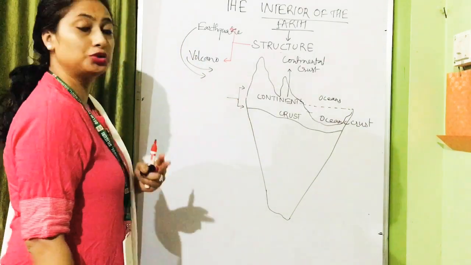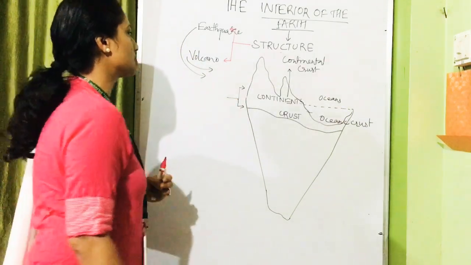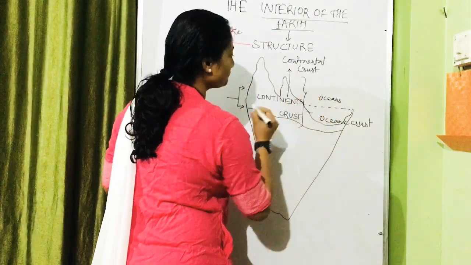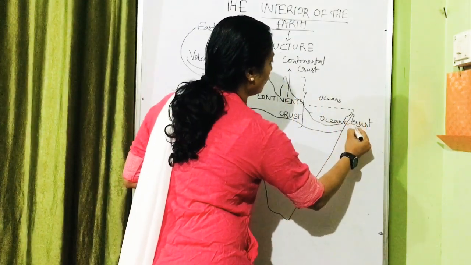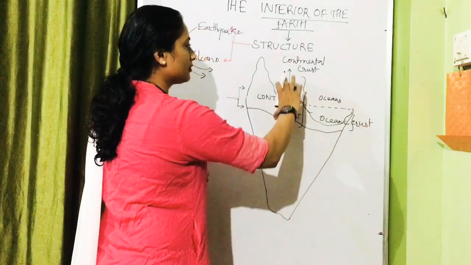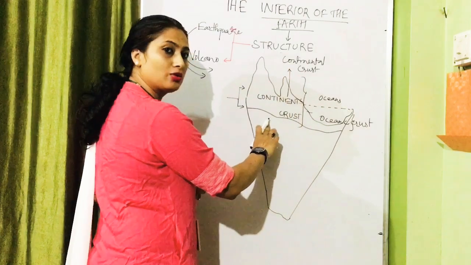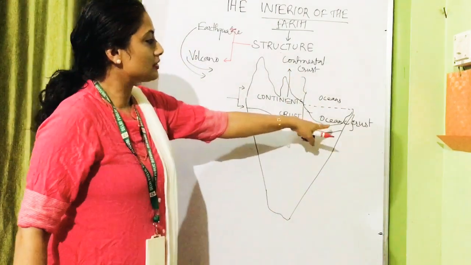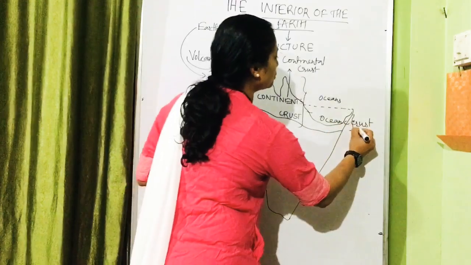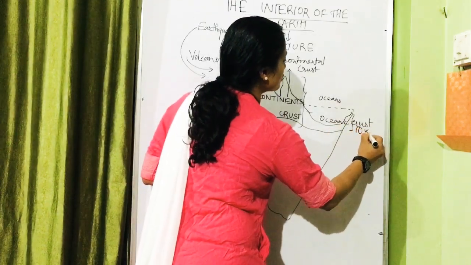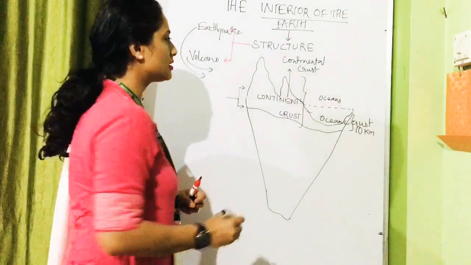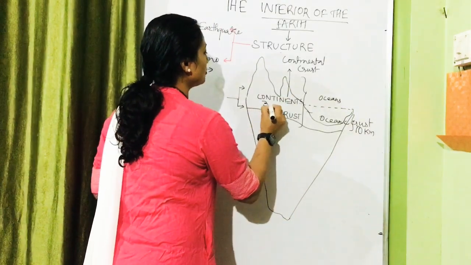The second thing which you should know, if we compare the thickness of the continental crust and oceanic crust, the thickness is more here near the continents and it is thin here near the oceanic crust. So the thickness of oceanic crust is 10 kilometers, whereas the average thickness of continental crust is 30 kilometers.